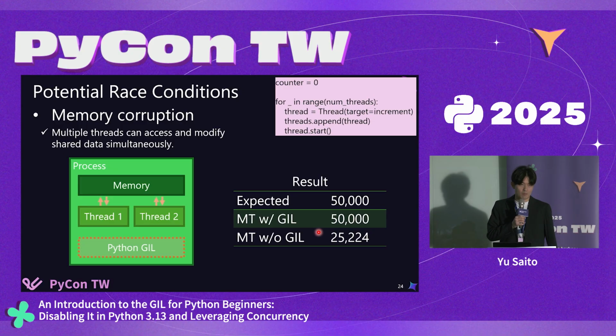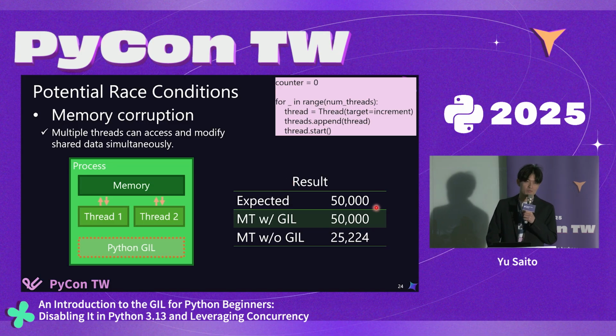There is one example to show the race conditions. The program counts numbers in 5 threads, and each thread counts by 10,000. As you can anticipate, each of the 5 threads can count 10,000, so the total count would become 50,000.